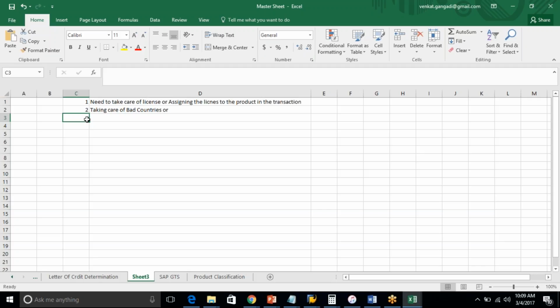The HANA database is so powerful because it's column based, it's an in-memory database, and it has multi-parallel processing. Because of these three reasons, clients who use the HANA database get very fast reporting and very fast MRP, and it makes a lot of difference to them. That is the third stage, ECC on HANA database.